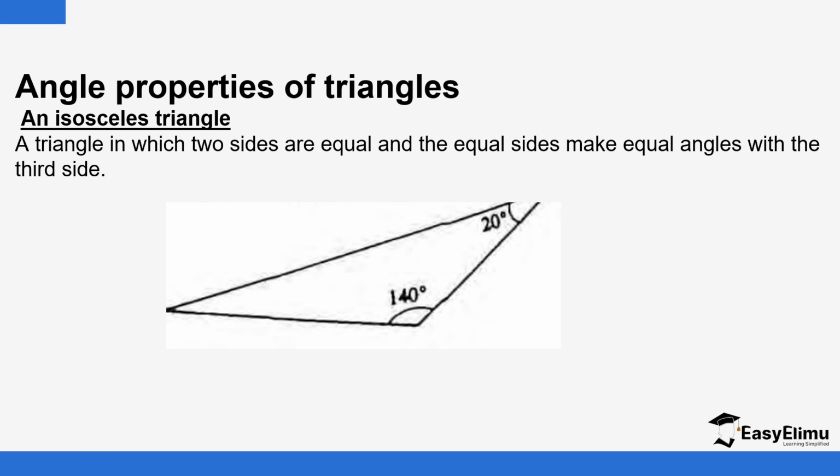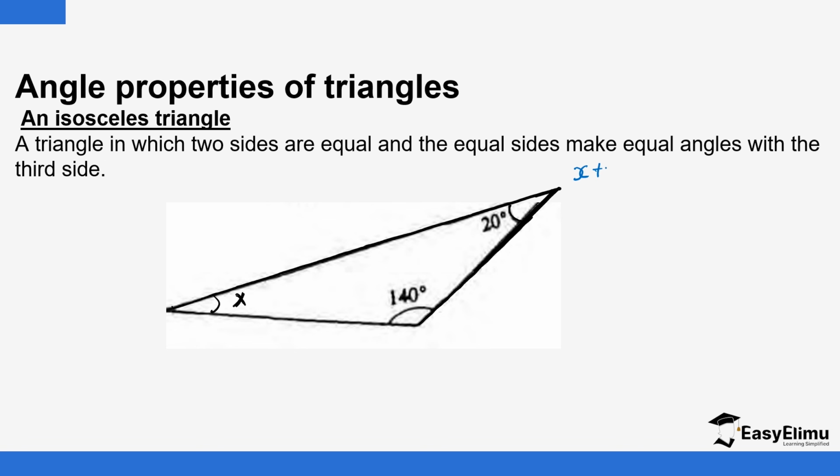We have another one here called an isosceles triangle. So let me complete it. Okay. So if you call this one X, let me call that X. You've said the sum of interior angles should be 180 degrees.